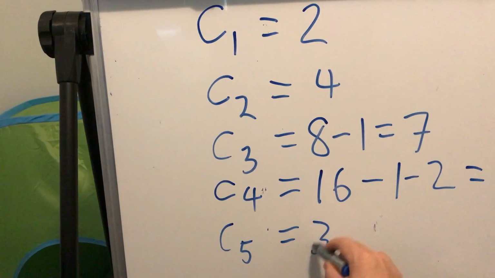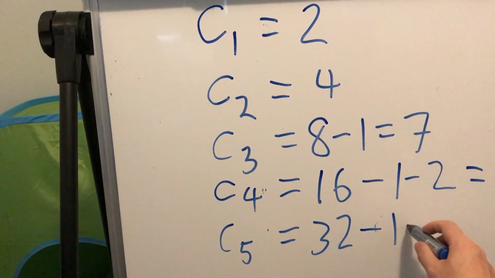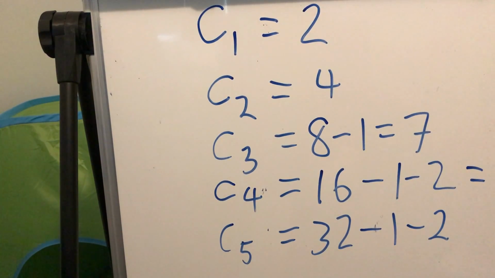Okay, so it's 32 if there was no restrictions. Minus 1 for the 5 zeros. Minus 2, lots of 4 zeros. And then, now when you're minusing the 3 zeros, it gets a bit tricky, because the zeros could be 1 and the 3 zeros in the middle.